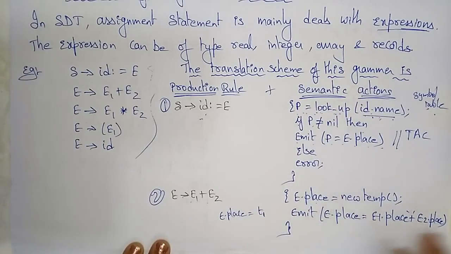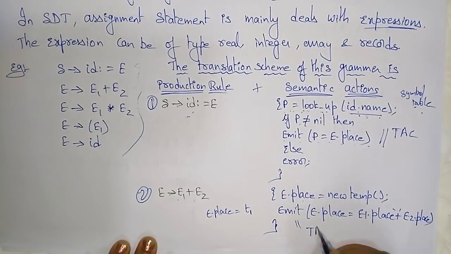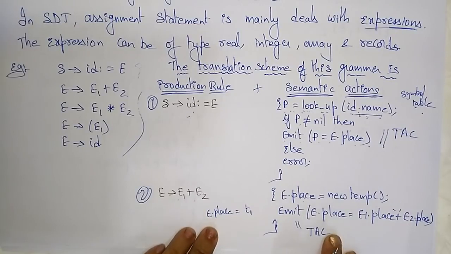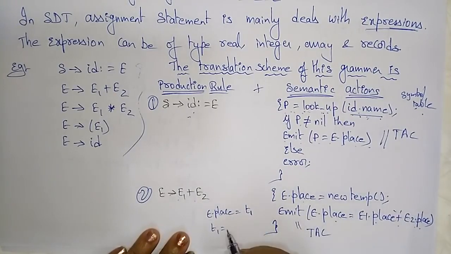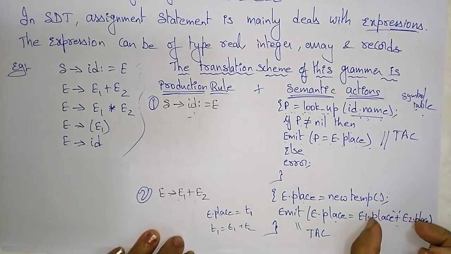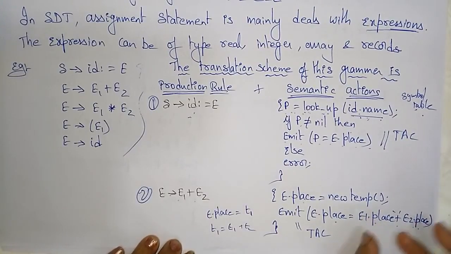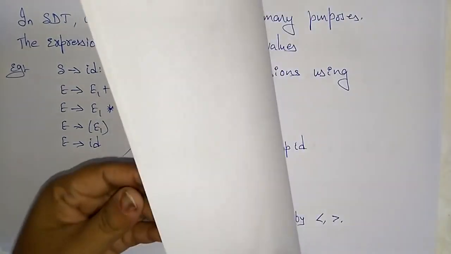Now you have to emit, which means generate three address code. The three address code, T1 is equal to E1 dot place plus E2 dot place. So now T1 holds the sum of the values of E1 dot place and E2 dot place. Whatever the values are for these two, they will be assigned to the temporary variable. That is the second production.